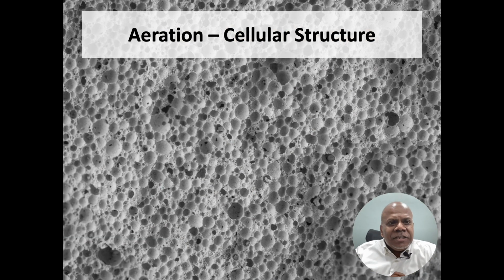So with aeration, with cellular structure, as I spoke to you when I was talking about bread, you can see here that there are millions of cells, and this is a very closely taken photograph, not a microscopic image. These are the cells which you can see with your naked eyes, and the typical size of a cell is around 1 millimeter.